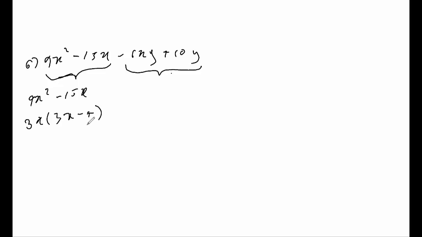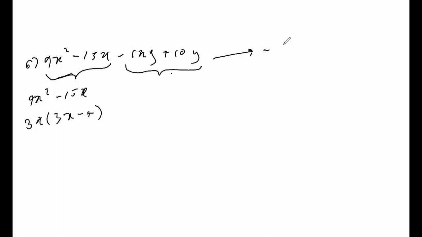And then for this one, well, we have that minus, but we want to make sure that when we factor out something where we have that minus sign, that when we use the distributive property to multiply it back in, we get the right answer. So I'll just do this on the side here to show you what I mean.